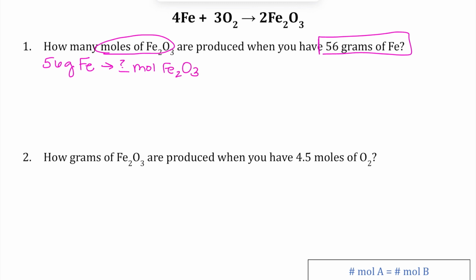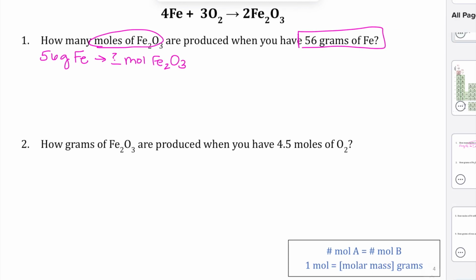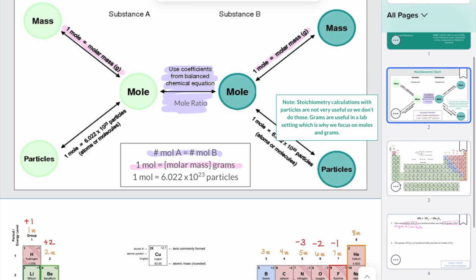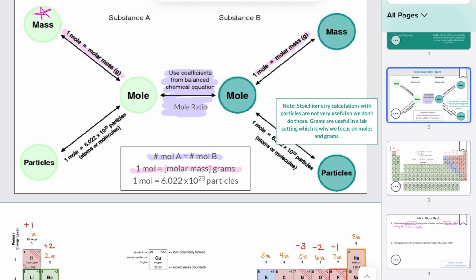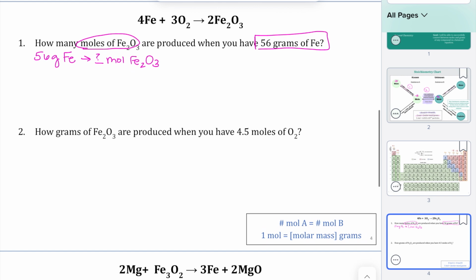If we go back up to our chart, we can see we're going from grams to moles of something else, so this is going to take 2 steps. Remember, when all else fails, we want to get to moles of whatever we are starting with if we're not already there. All right, so I'm going to write down my given, 56 grams of iron.